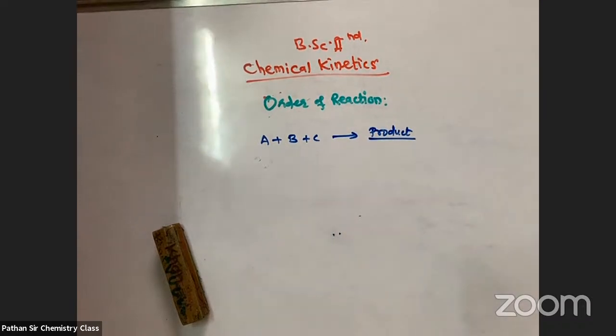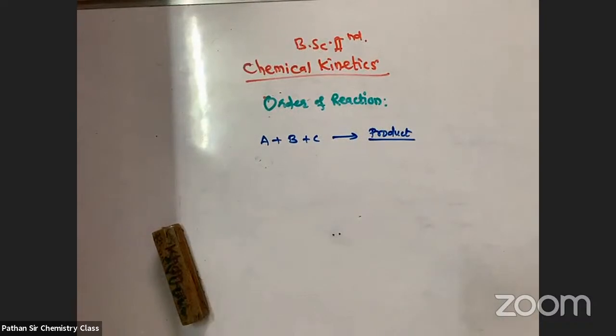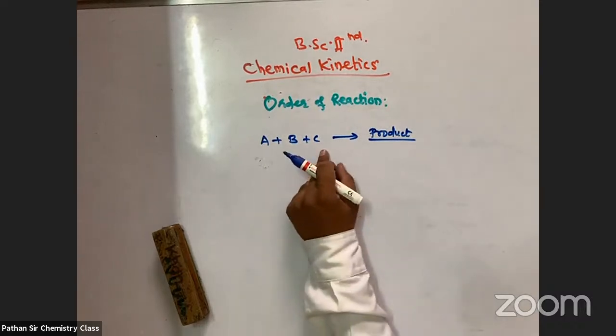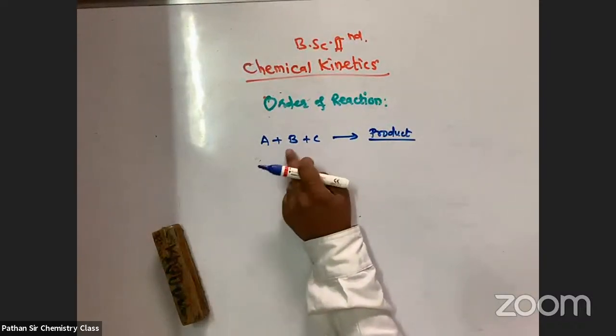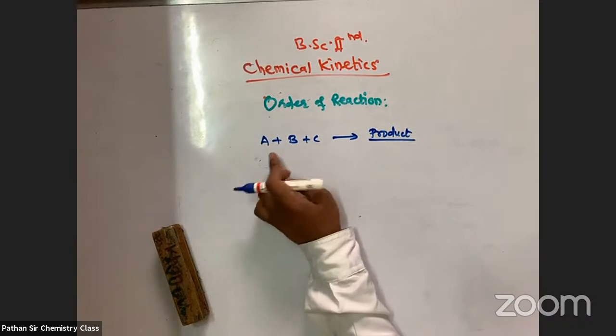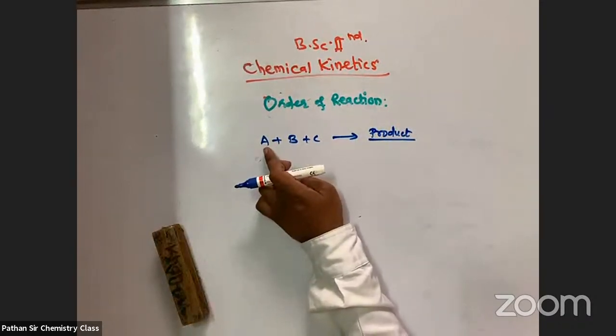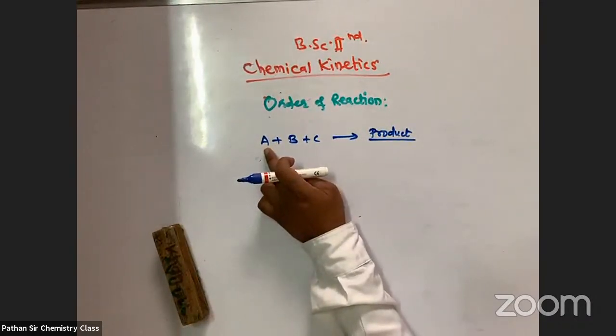So as the concentration of C is increased, the rate of reaction does not change. Again, the rate of reaction does not change. Either you increase or decrease the concentration of B and C, there is no effect on the rate of reaction. But by changing the concentration of A, the rate of reaction increases or decreases.